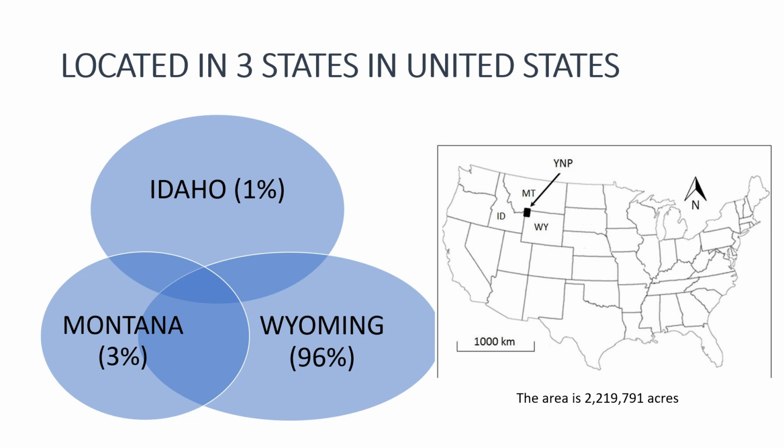Yellowstone forms the core of the Greater Yellowstone Ecosystem, which comprises approximately 18 million acres of land, encompassing portions of Wyoming, Montana, and Idaho.